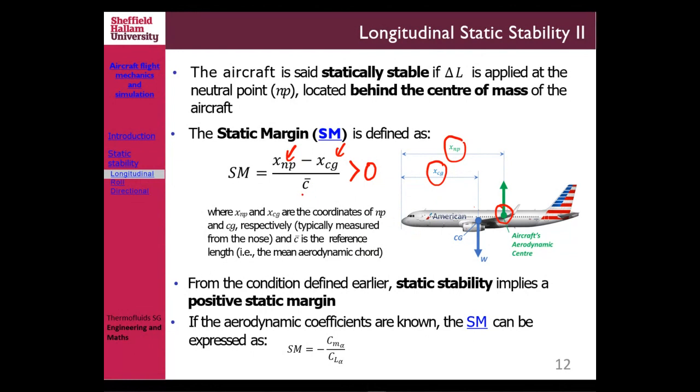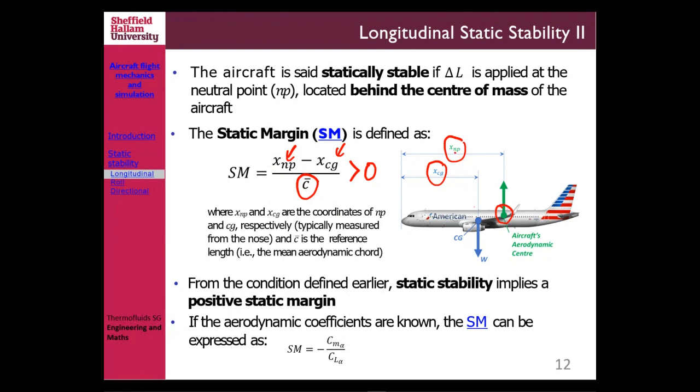Sometimes in the expressions we want to put it in non-dimensional form, and you could divide it by your mean aerodynamic chord, which is the distance to where the additional lift is acting.